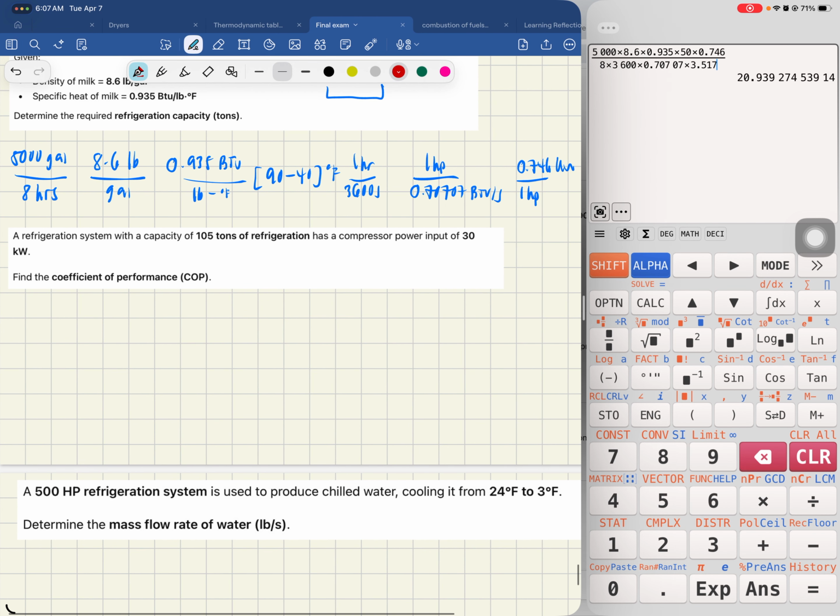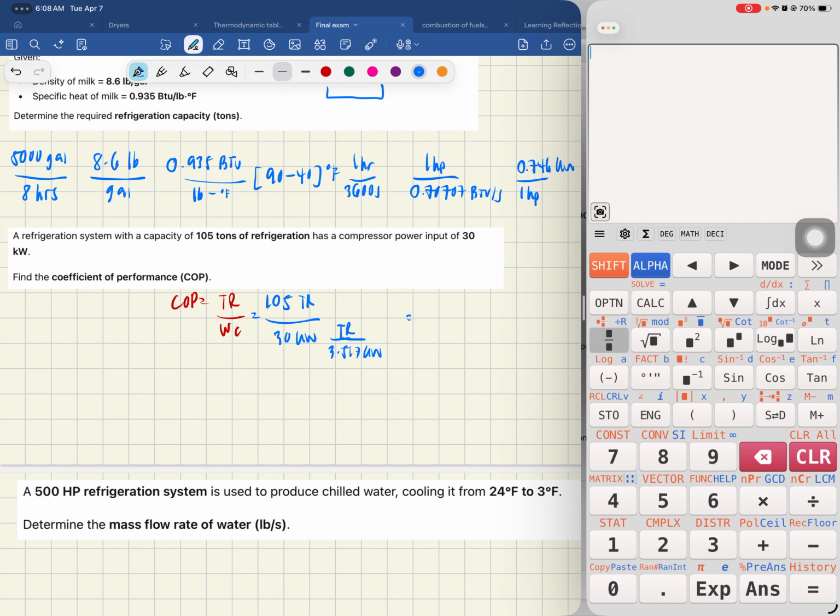Again, what is COP? COP is the refrigerating effect over the work of the compressor. You have 105 TR and a compressor power input of 30 kilowatts. Either of the two, just match them. You can use 3.517 kilowatts per 1 TR, or you multiply the one on top.